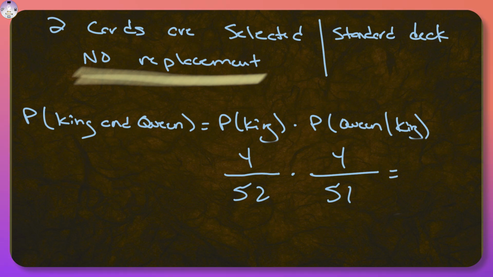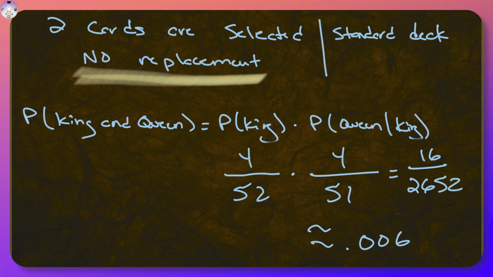We simply multiply across these, and that gives us 16 over 52 times 51, 2652, I think. And when you break that down, you get about 0.006.